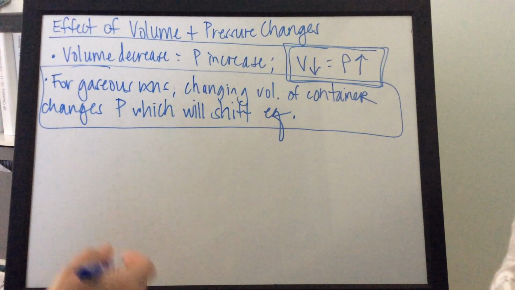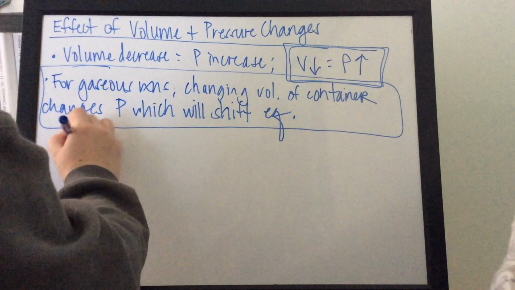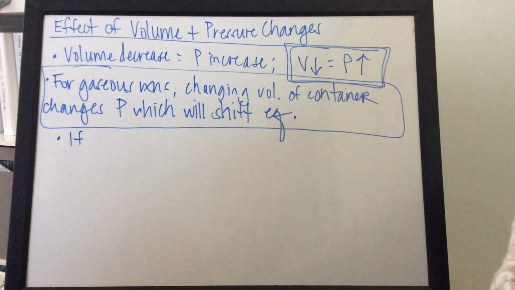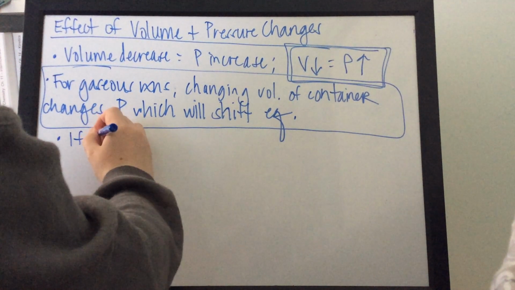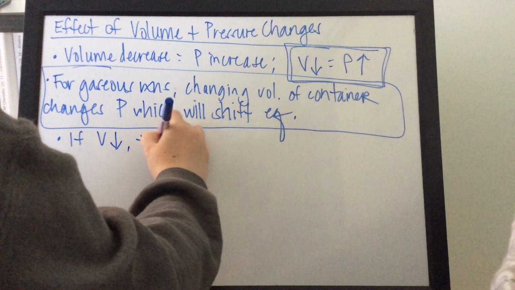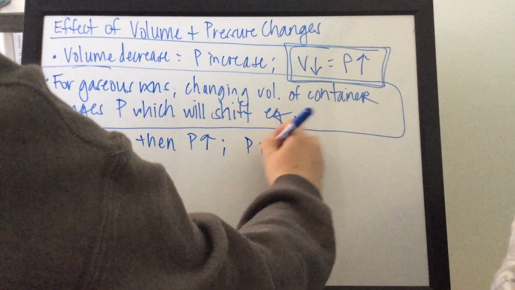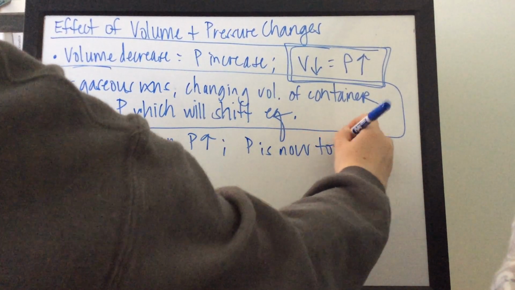So here's kind of your bullet points. Let's see, how do I want to explain this? So we'll do the one that we said here. If volume decreases, then pressure increases, which means that the pressure is now too high.